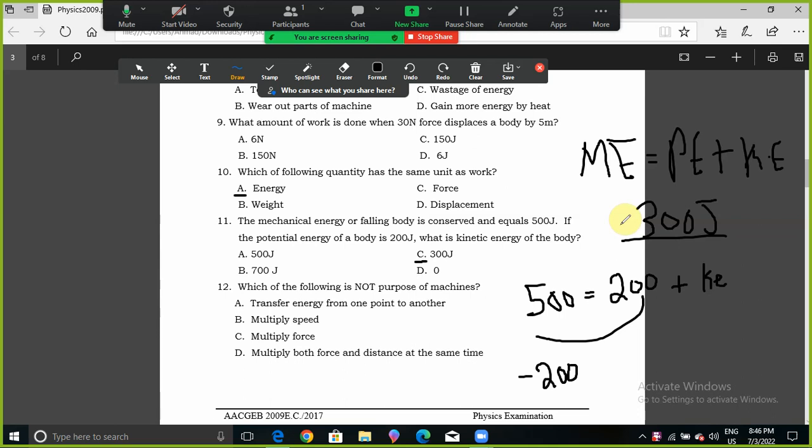Multiply force, yes. And also change direction, yes. But to multiply both force and distance at the same time, it's impossible. We can't. And also we can't multiply energy. So that means it is not a purpose of machines. It's D. The answer is D. Okay. Now let's go for question number 13.